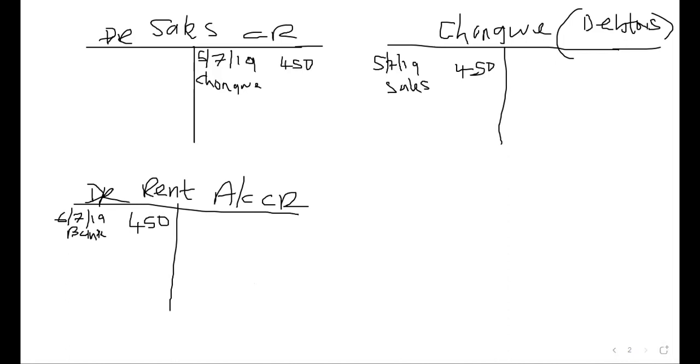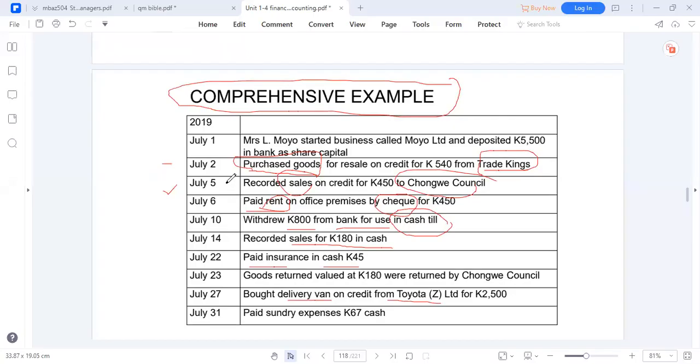So now we're getting down to the other one. Okay, so quickly, so that we see. So these ones are done. 1, 2, 3, 4. We are on number 5. Withdrew 800 kwacha from a bank for use in cash deal. Okay. So which two accounts are involved here?